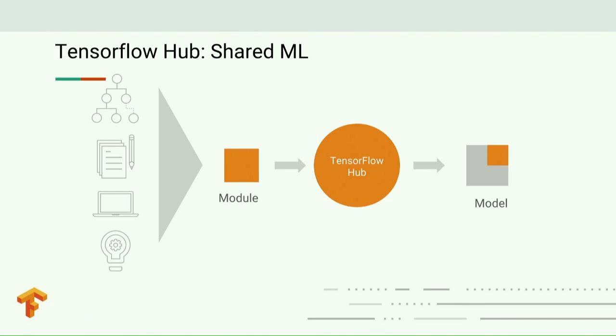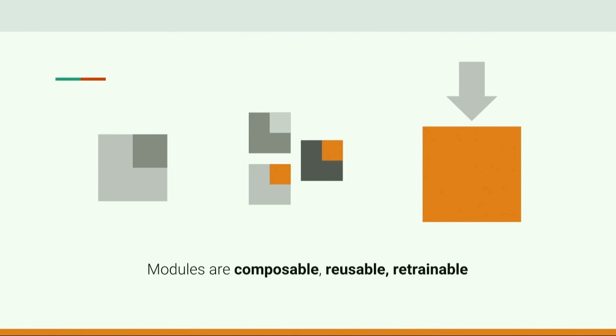So if you have a similar problem, you can go and search TensorFlow Hub. Not only can you pull just one module, you can pull multiple modules as part of building your own network, your own solution. Modules are reusable and retrainable. You can pull modules, generate a new module out of them, and upload it back into the TensorFlow Hub.